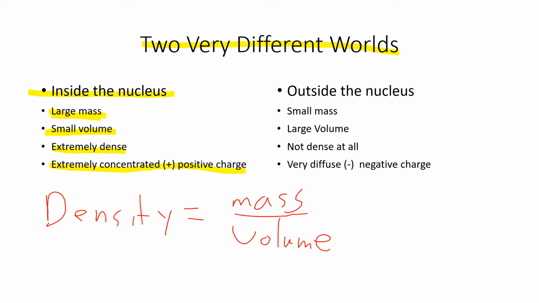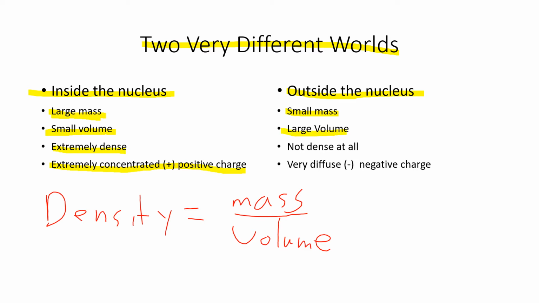If we compare what's happening inside the nucleus to what's happening outside the nucleus, we're going to get a very, very different world. Outside the nucleus, we just have the electrons. We saw that the electrons really don't contribute that much to the mass. We're going to get a very, very small mass out of that. But we have a very, very large volume.